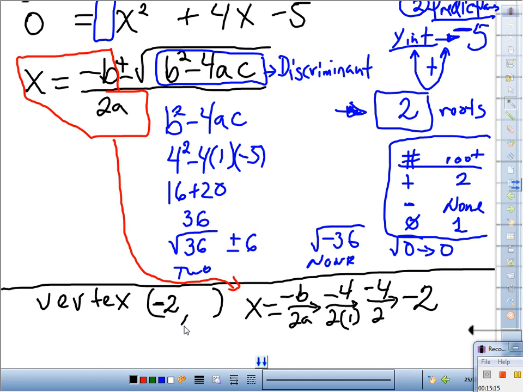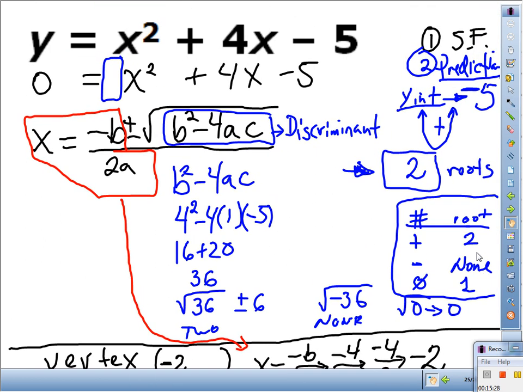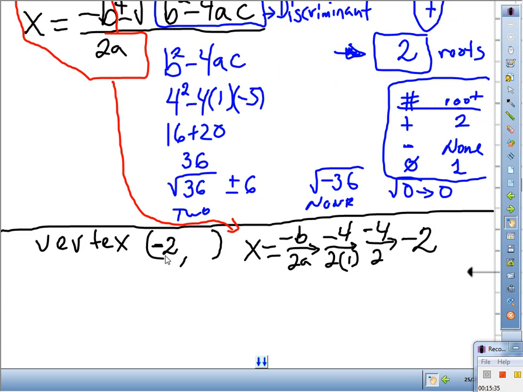Okay, next. I need a what now? A y value. Right now I only have an x value. Look at what they gave me originally. What do I do with that? Exactly, we substitute this x value into our original equation.